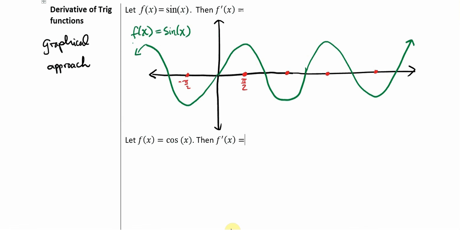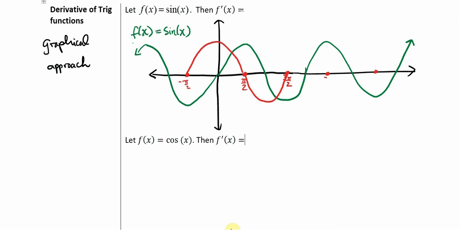So it must go from 0 here, be positive, and then return to 0 over here. Now between pi over 2 and 3 pi over 2, the slope of f is negative, or f is decreasing, so the values of f prime must be negative. So we're drawing a graph that is negative between those points, and comes back up to meet 0 here.